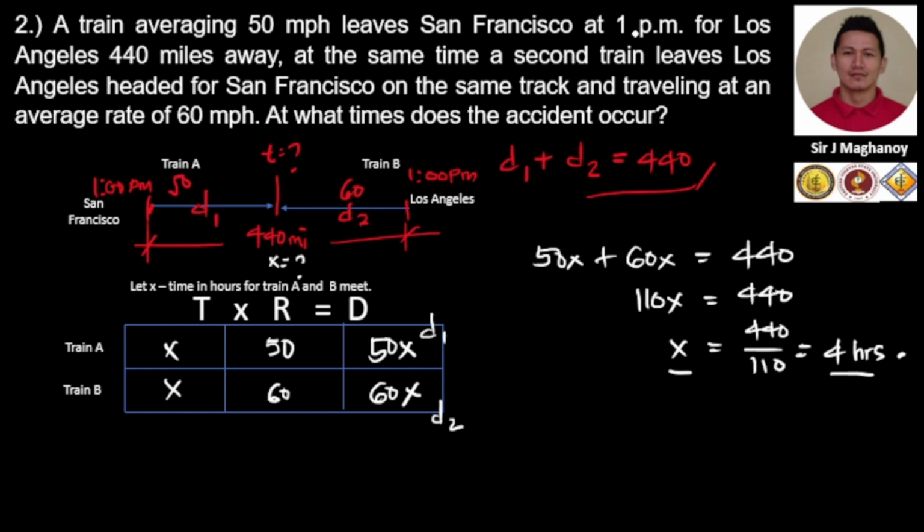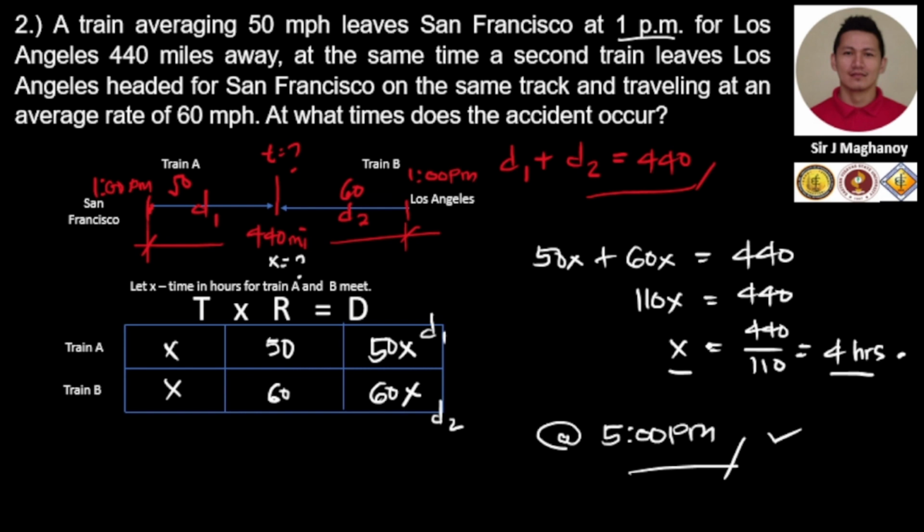That is 1 p.m. plus 4. Therefore, our final answer is that the trains will meet at exactly 5 p.m. Four hours later, counting from 1 p.m. plus 4 hours, that is 5 p.m.